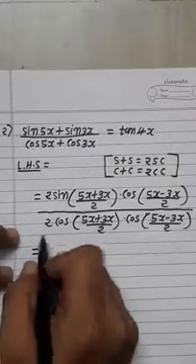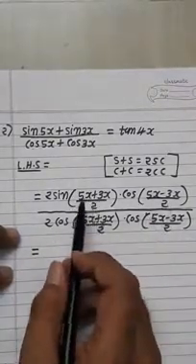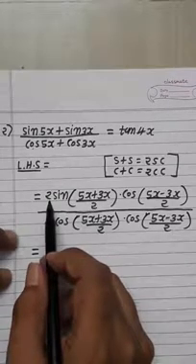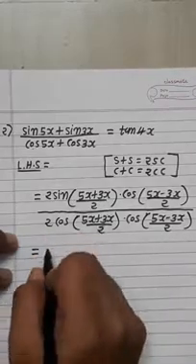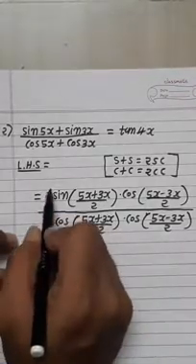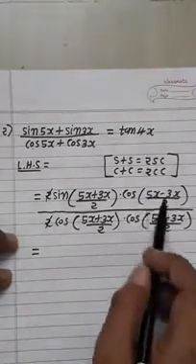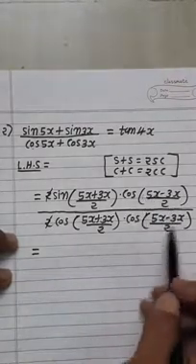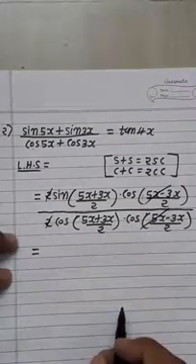Now simplify this term. First of all, 2 we can cancel out in the numerator and denominator. Now cos of (5x minus 3x) by 2 appears in both terms, the same, so again cancel out this term.